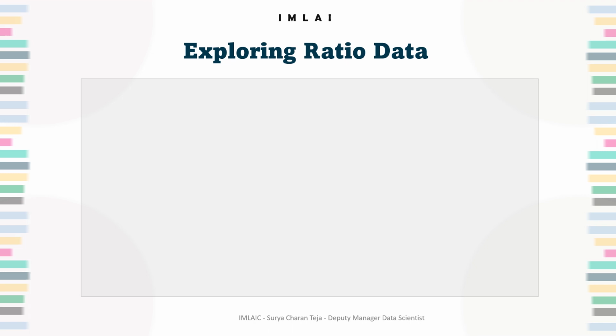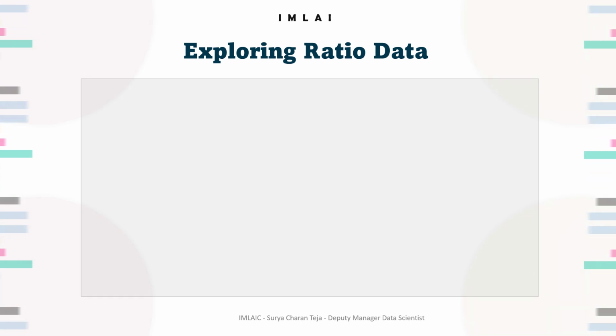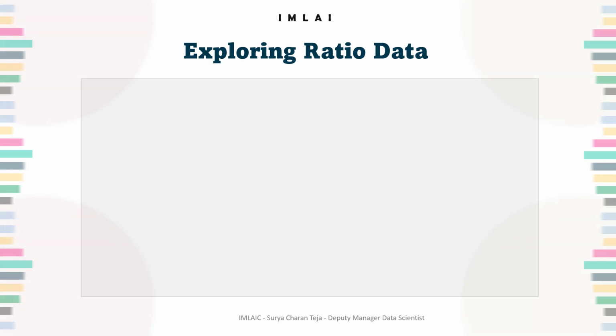Now, the fourth and final level of measurement is the ratio level. Just like the interval scale, the ratio scale is a quantitative level of measurement with equal intervals between each point.